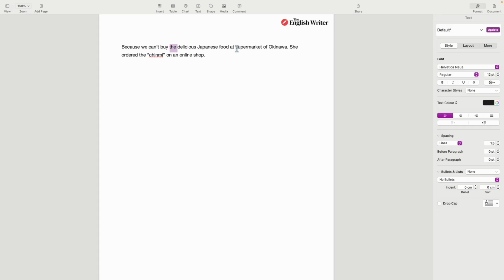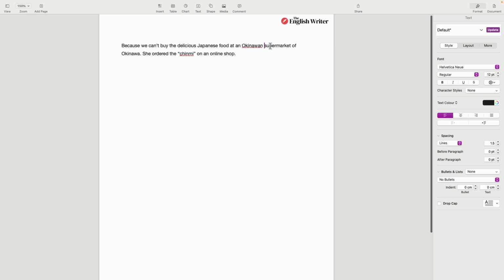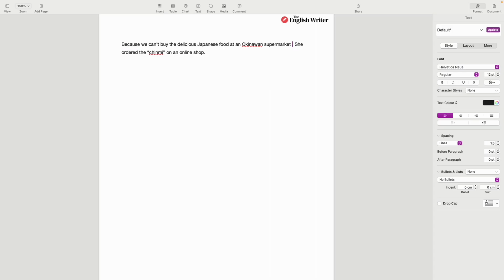But because we can't buy the delicious food at a supermarket of Okinawa would be one correction, but more natural, I would put at a supermarket. Right, and now we're on to that second clause, and this is where we join them. She ordered the chinmi on an online shop. Well, first, this is a style issue.